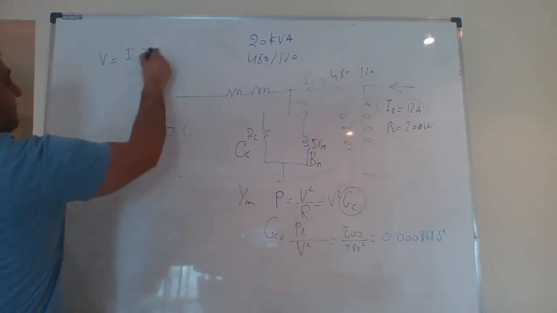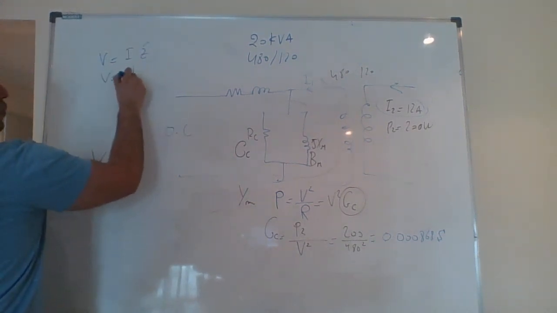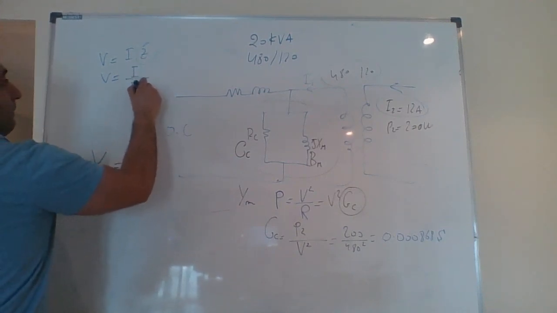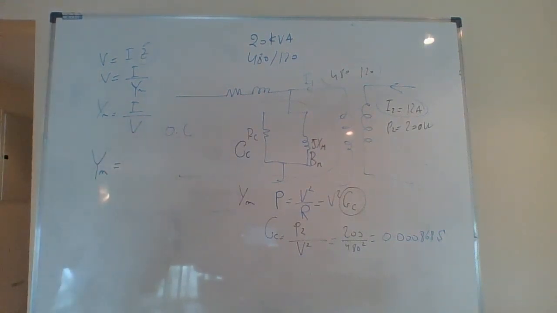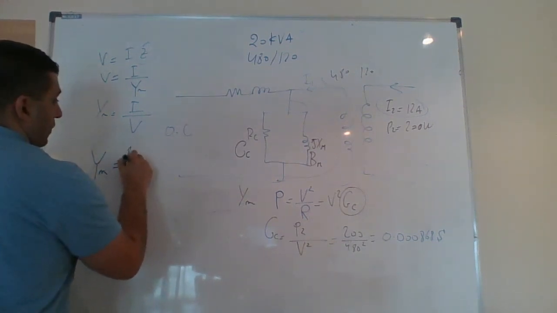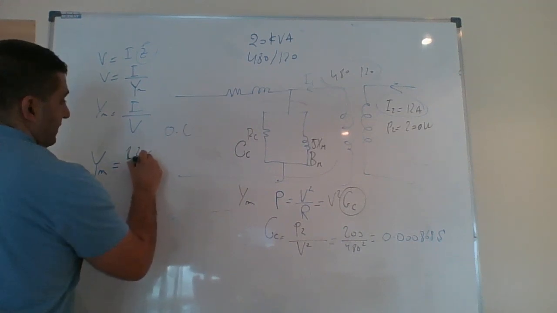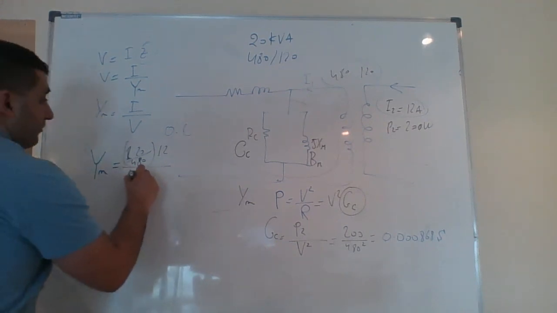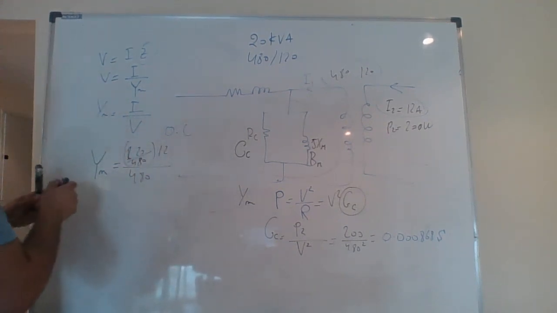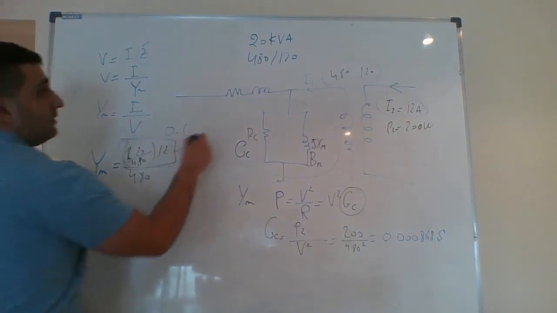Now, because you're using the admittance, V equals I over YM. So YM is I over V. This gives us 120 divided by 480 times 12, over 480. This value represents the current.